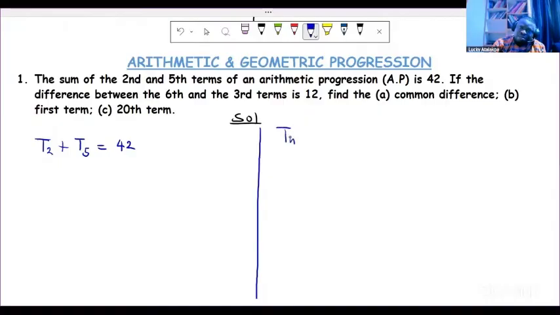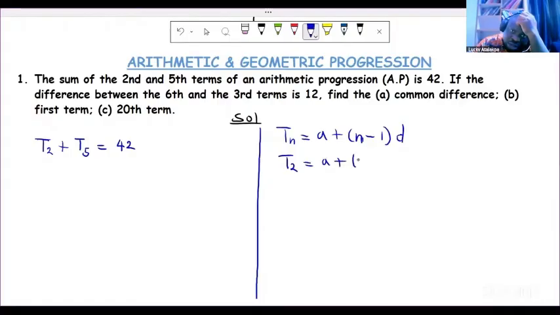mind you, our nth term of an AP is A plus n minus 1 times d, where A is the first term, n is the number of terms, and d is the common difference. Good. So, take notes. For the second term, A is still A, second term means n is 2, 2 minus 1, and we don't know the common difference.